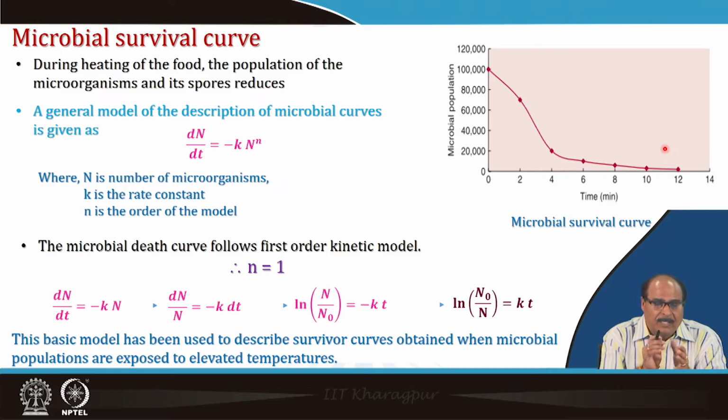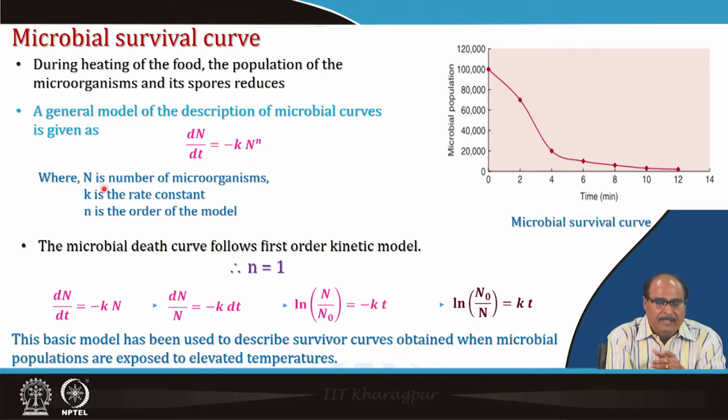So, let us see the microbial survivor curve. You can see here in the graph that during heating of the food, the population of the microorganism and its spore reduces by a given factor. A general model for the description of the microbial curves is given as dN/dt = -kN^n.